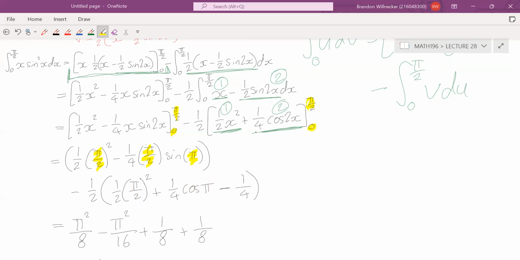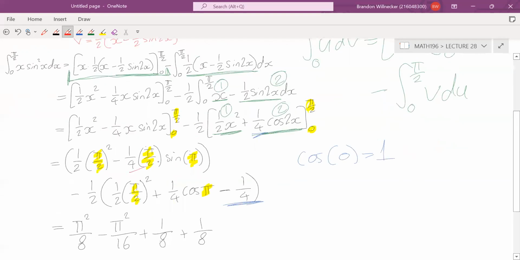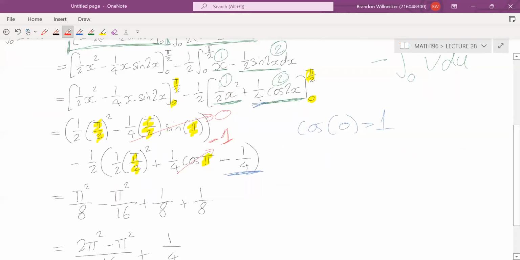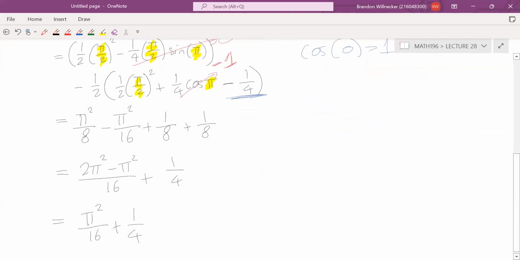But we've still got that quarter in front, so we get minus 1/4. Then sine of pi is 0, so all of that goes to 0. Cos of pi is minus 1. So then we end up with the following here. Then we just simplify, add the fractions together, and then we get our final answer.